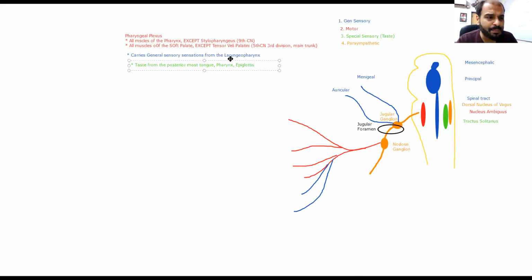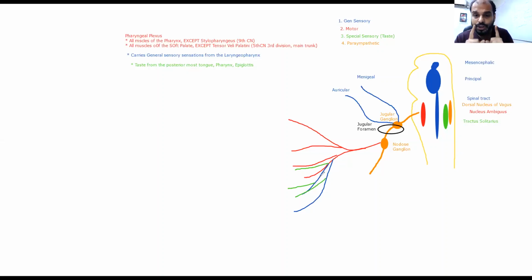Now there is a very big reason which I can just guess or conclude for why this nerve carries taste and is motor also. Most of the bitter taste is sensed on the posterior most part of the tongue. Whenever you taste a bitter taste, you feel it in the root of the tongue or the posterior aspect of the pharynx.